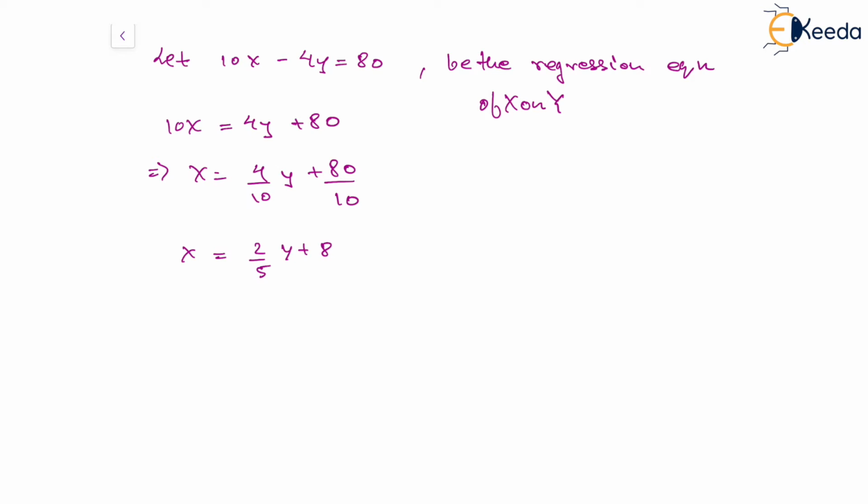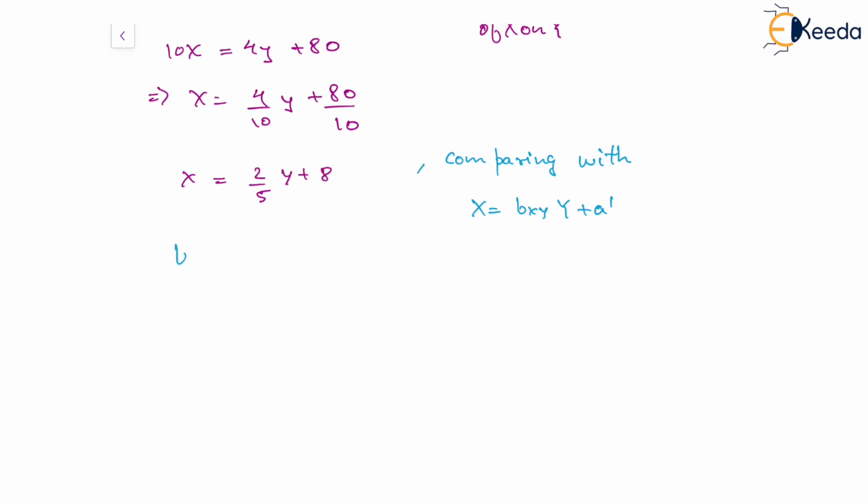Now comparing this with the standard equation x equal to bxy times y plus a prime, we can say that bxy will be equal to 2 over 5, which is the regression coefficient of x on y.